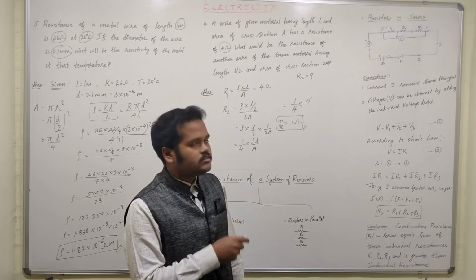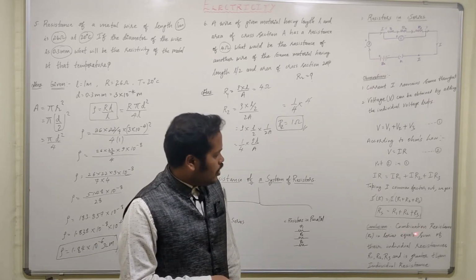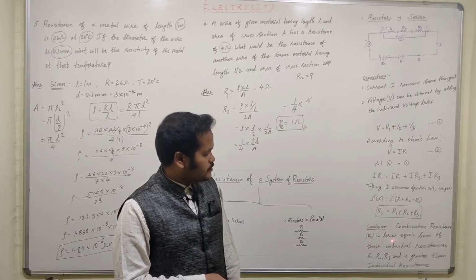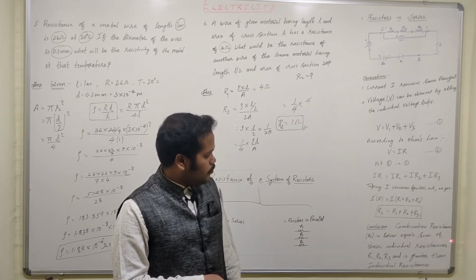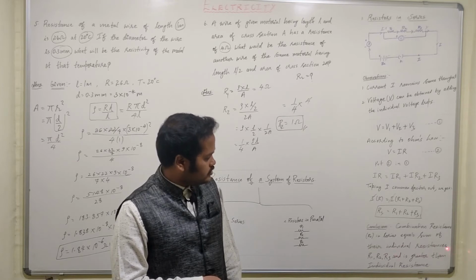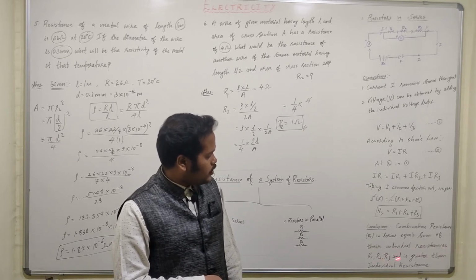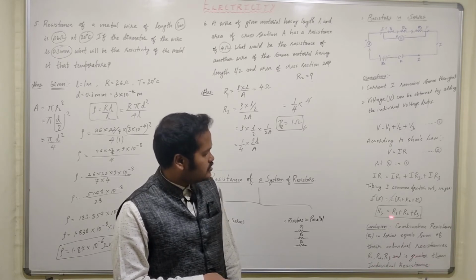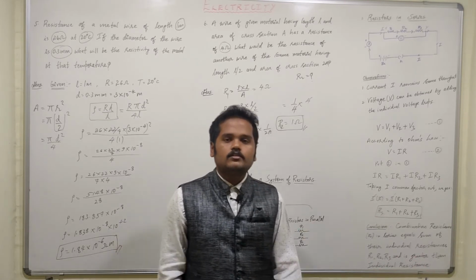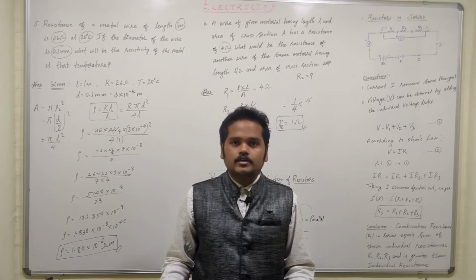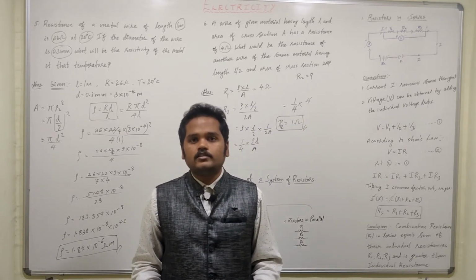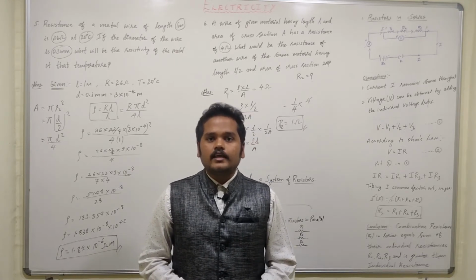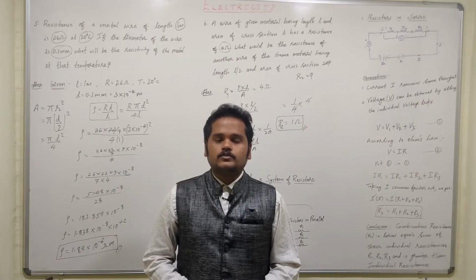We can conclude combination resistance RS in series is equal to the sum of the individual resistances R1, R2 and R3, and is greater than the individual resistances. RS is always bigger than R1, bigger than R2, bigger than R3. This completes resistance in series circuits.